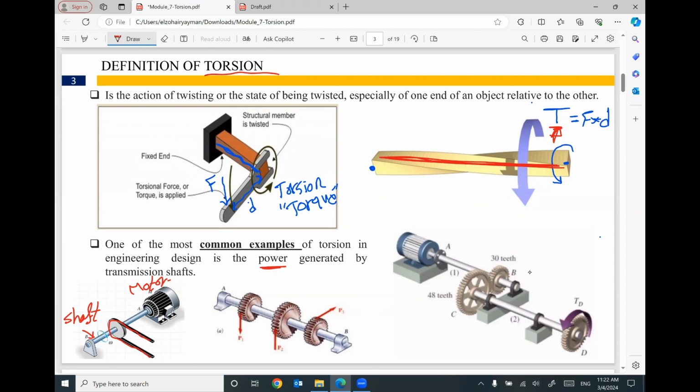That makes sense? This one is related mostly to mechanical engineering, and we are going to explain what is the effect of torsion on a member.